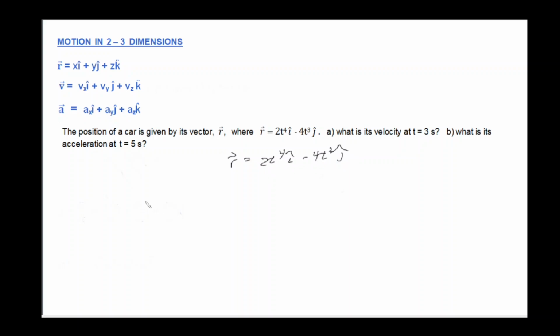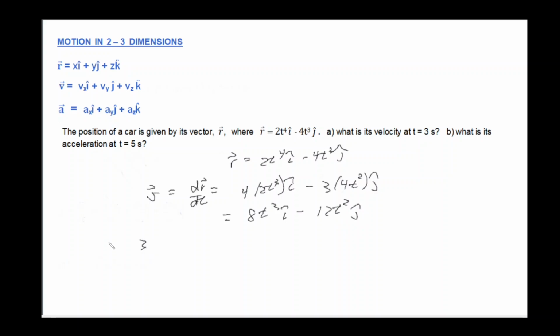We know velocity is the derivative of r with respect to t. So let's do that. So we get 4 times 2t to the third i minus 3 times 4t to the 2 j. And that's equal to 8t cubed i minus 12t squared j.